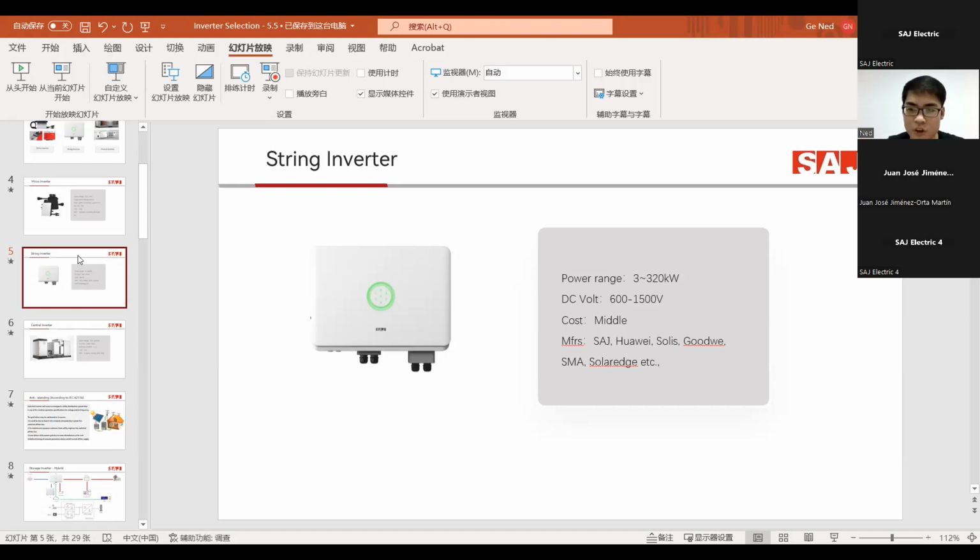If your voltage is higher than that, it is a medium voltage, which has different regulations and safety codes. The cost is in the middle, far lower than the micro inverter but slightly higher than the central inverter. Manufacturers like us and Huawei, a lot of manufacturers are working on that.